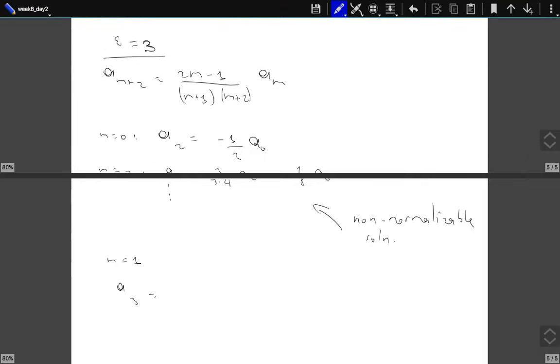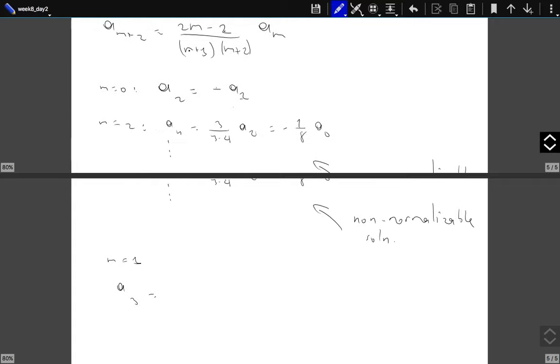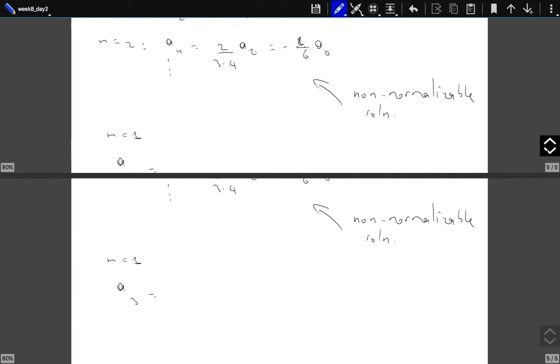I'm looking at epsilon equal to 3, so this is minus 2. So m equal to 0, this is minus A0. M equal to 2, so this is 2 over 3 times 4 A2. This is minus 1 over 6 A0. So A6 is non-zero, A8 will be non-zero, A10 will be non-zero.